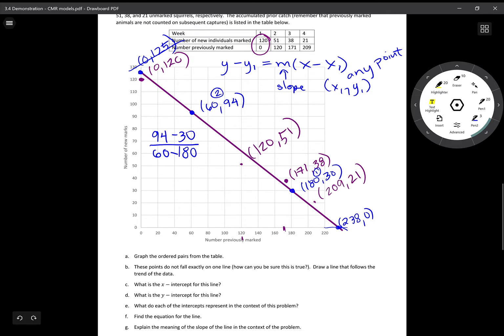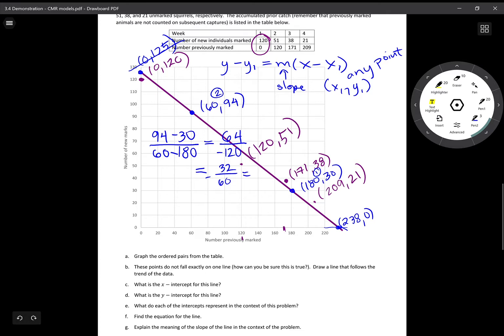So what did I get here? I went the way I wrote it. So if your change in y is positive 64, your change in x would be negative 120. And I can even reduce that one a little bit. So if I cut it in half, I'm going to get 32 over negative 60. I could keep going.